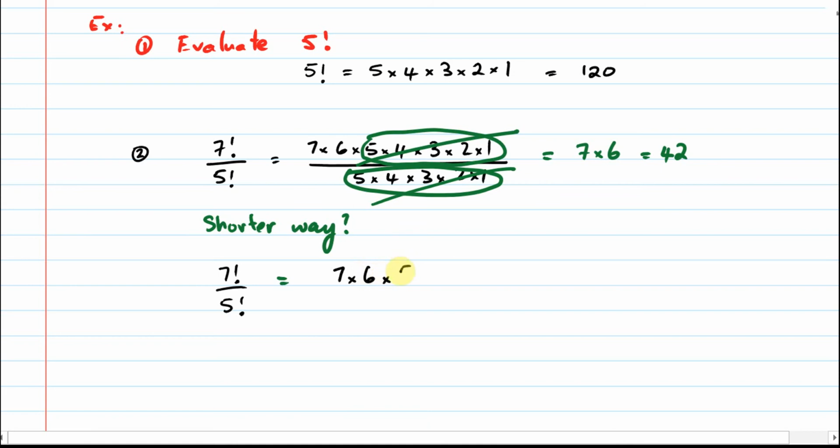Based on what we saw over here, we can write that the numerator was just 7 by 6 by 5 factorial. That is, I peeled off as many numbers as I needed to get the cancellation of the 5 factorials and end up with that result, 7 by 6, which is 42.